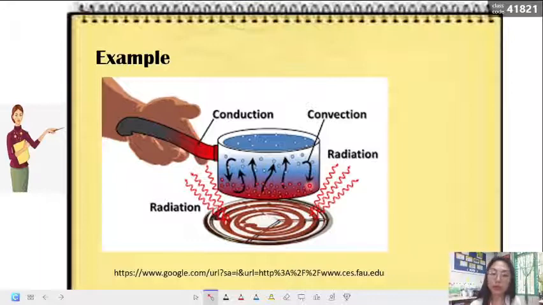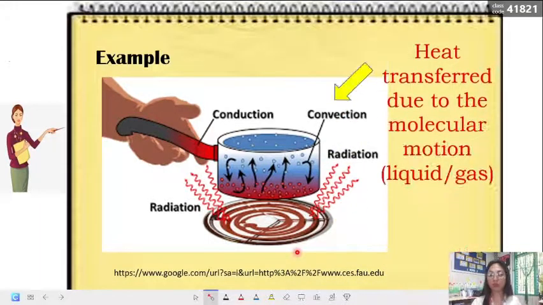And then they will be heated again because of this bottom part of the pot, which is really hot. So this will become red again and then goes up again. So that is how convection happens. The heat is being transferred due to the molecular motion in gas or in liquid. Do you understand?